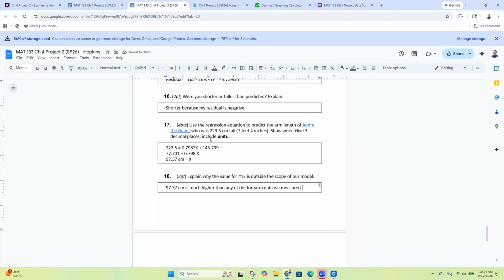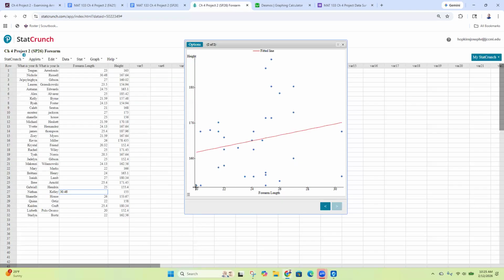So our linear regression is not a good prediction when you are looking at data outside the scope. In other words, if I'm looking at someone who has a forearm that's smaller than 20 or larger than 30.48, or someone with a forearm that's 97 centimeters, I should not be using this linear regression. Or a height, same thing.